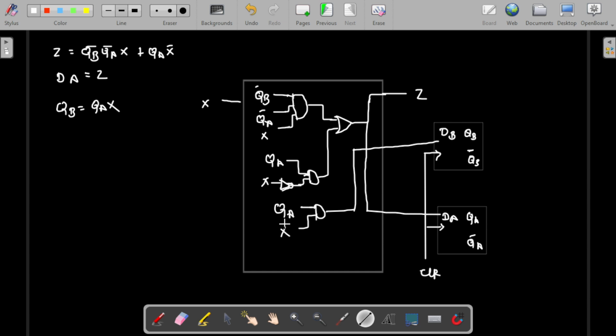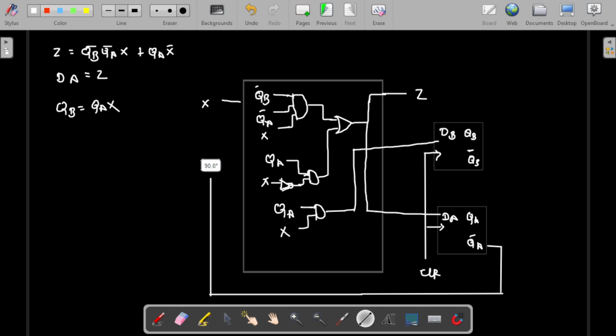Now the QA, QB, Q signals need to be fed back to the system. So let's take it as it is. Think that this needs to come to this input.